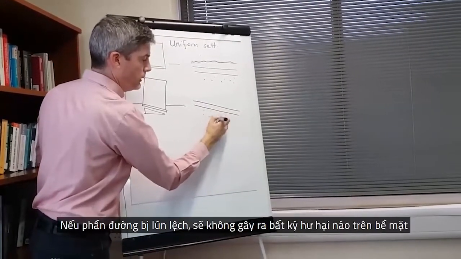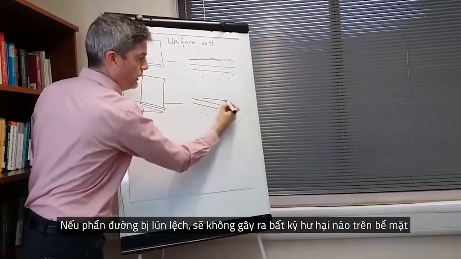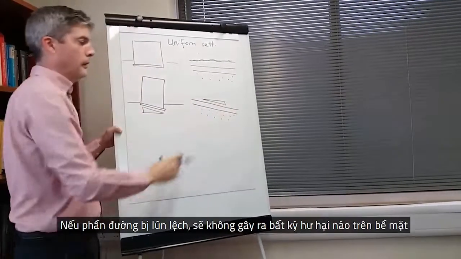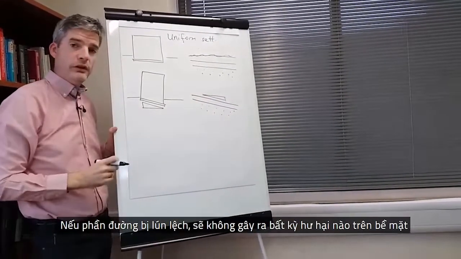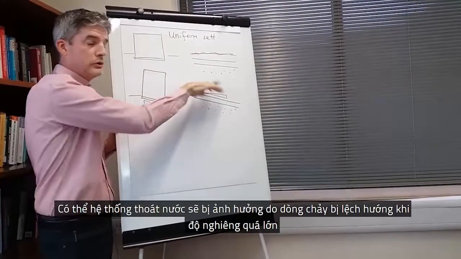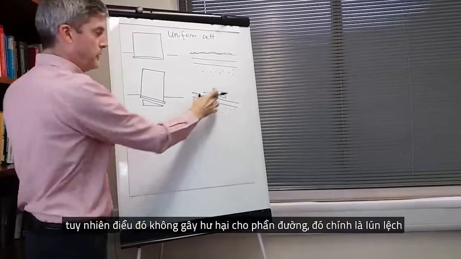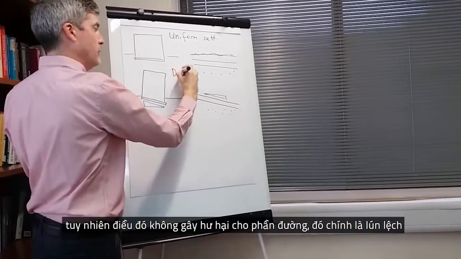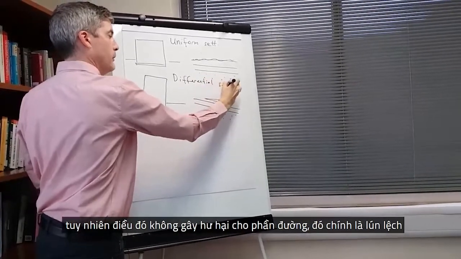If we got differential settlement of a highway pavement, that's not going to cause any damage to the pavement surface on its own. You might lose some of the falls for drainage, so the water might flow in the wrong direction if it gets too big, but that's not going to cause damage to the pavement. So that is called differential settlement.